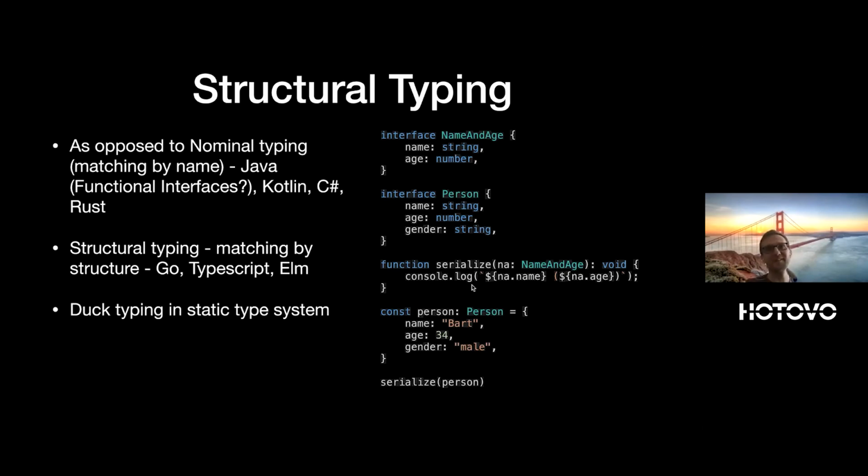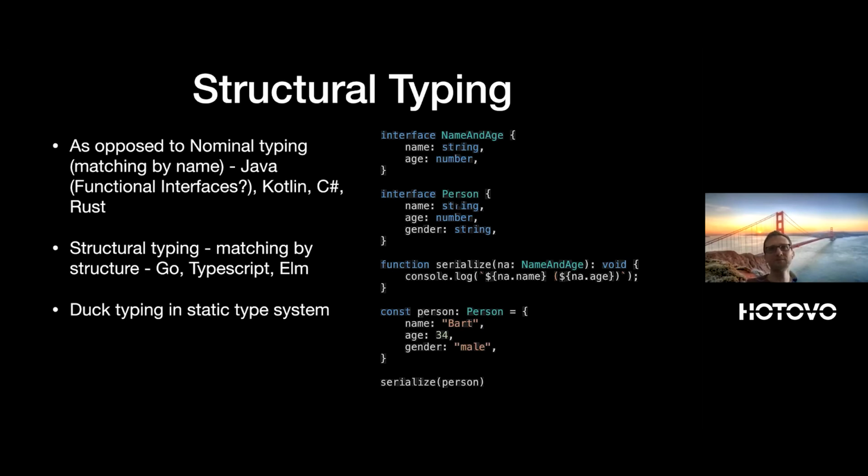All right, but let's take a look at structural typing in TypeScript here. Let's start with this function. We have a function serialize, which takes in an argument of type name and age. Name and age is just a name of string and age of number.